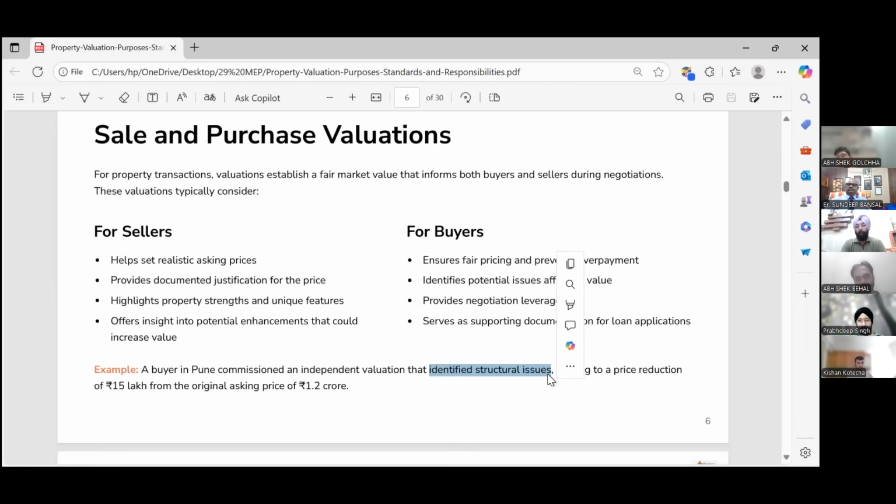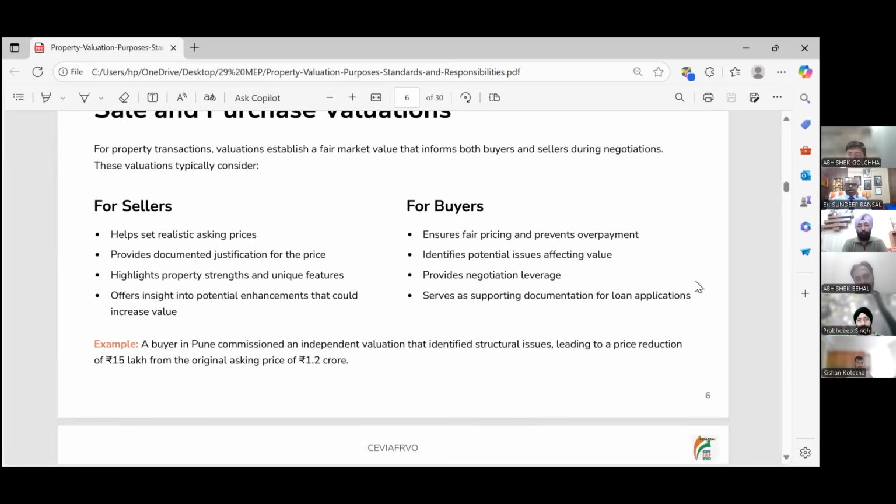So this is the purpose when you do valuation for the seller or for the buyer.